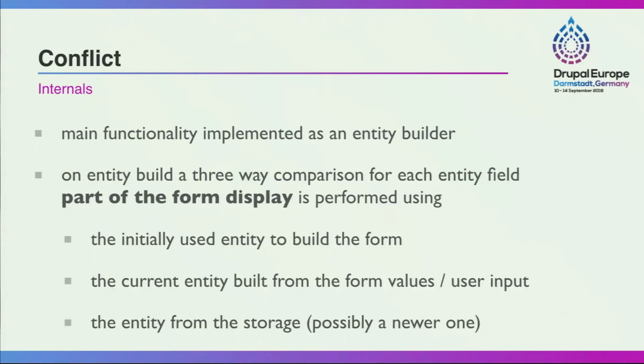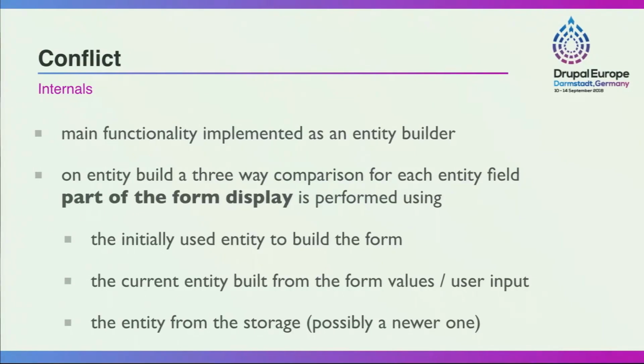So the whole functionality works mainly as an entity builder, which on entity build performs a three-way comparison between the field values of the current form display. So it means only the values that are shown in the current form, only those fields are being compared.